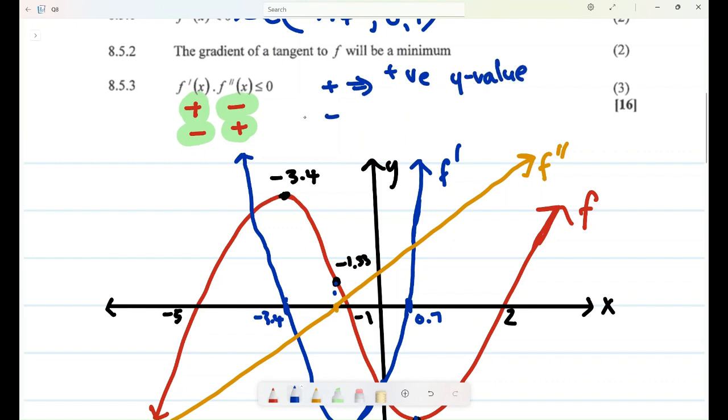When I say negative here, I refer to negative y values. All right, let's start with the first condition, positive and negative.